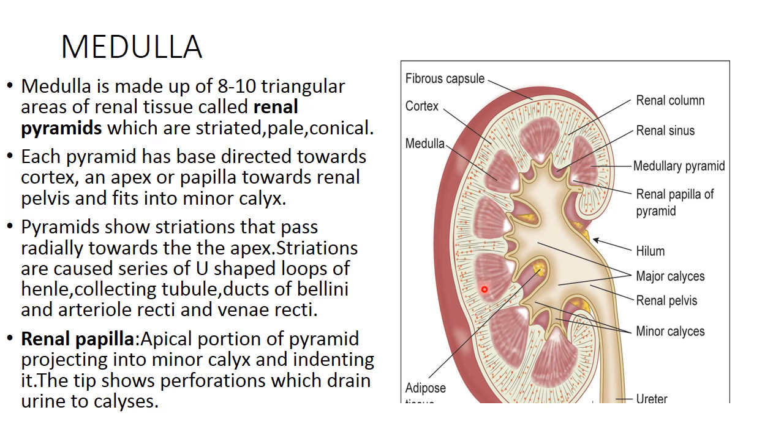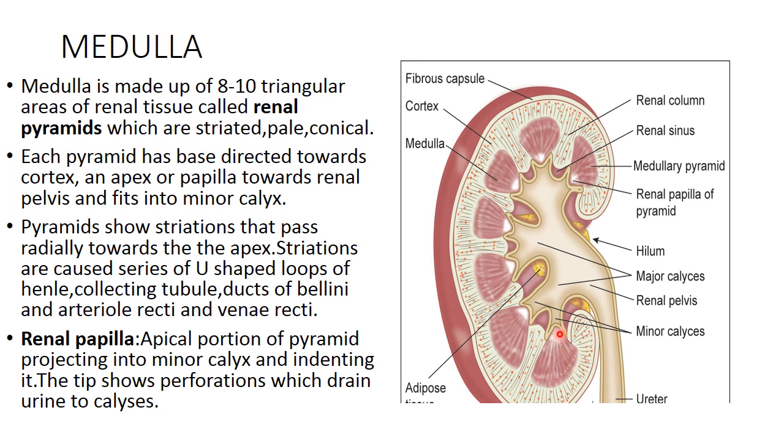So the renal pyramids form the medullary part, and they are 8 to 10 in number. They are triangular in shape. Now the renal pyramids show striations. They are pale. They are conical. Their base is directed towards the cortex.